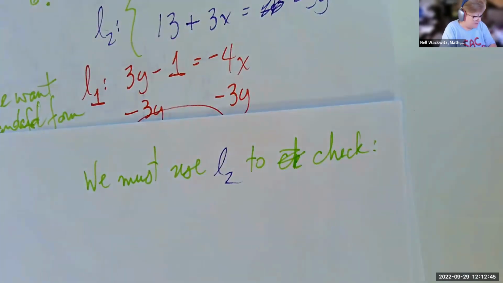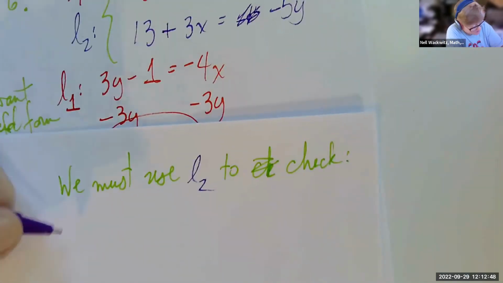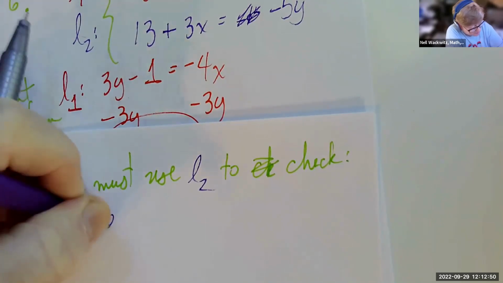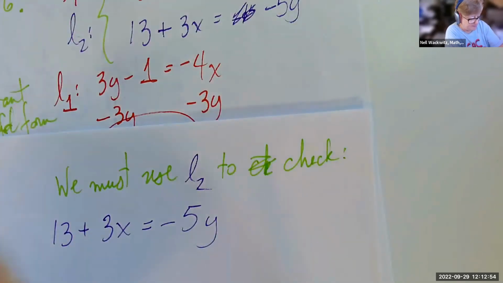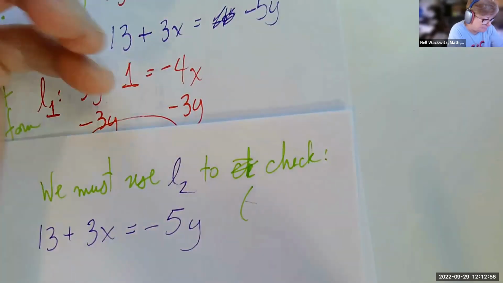Line 2 was 13 plus 3x equals negative y. Let's write down the point we're checking.